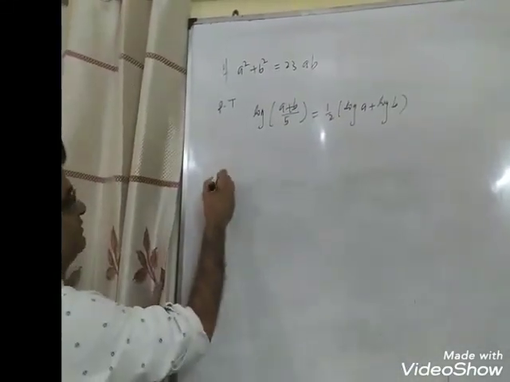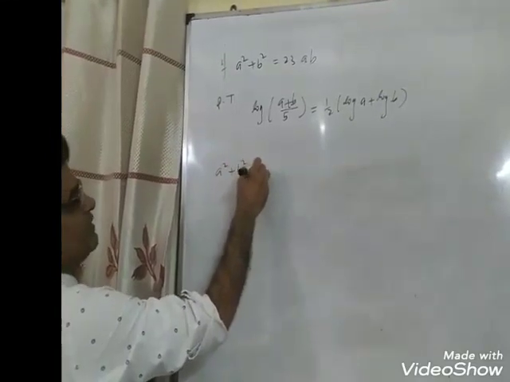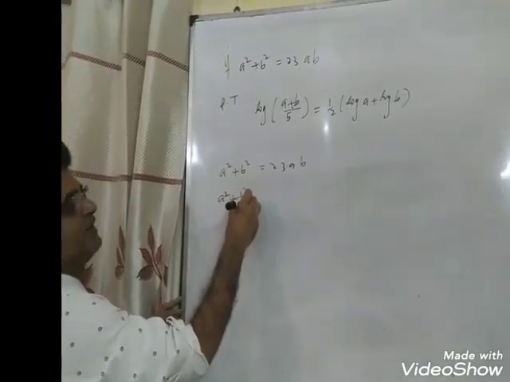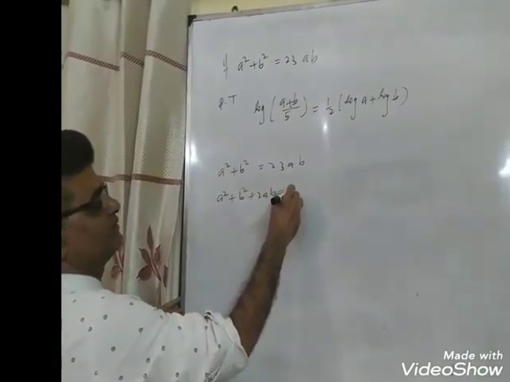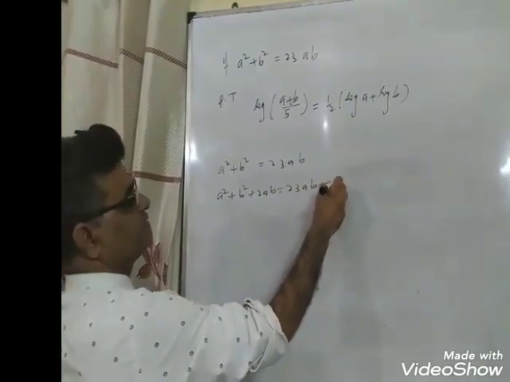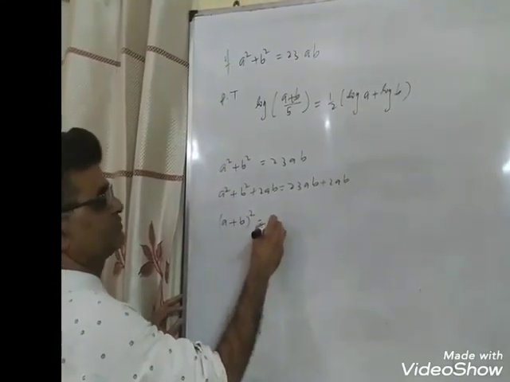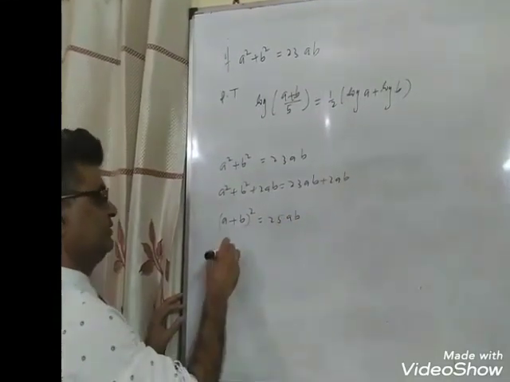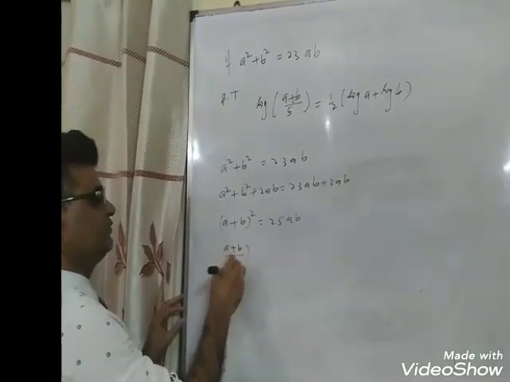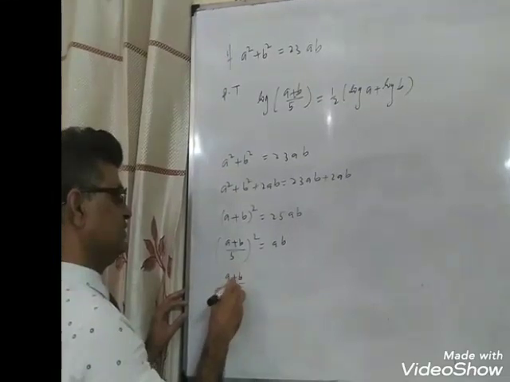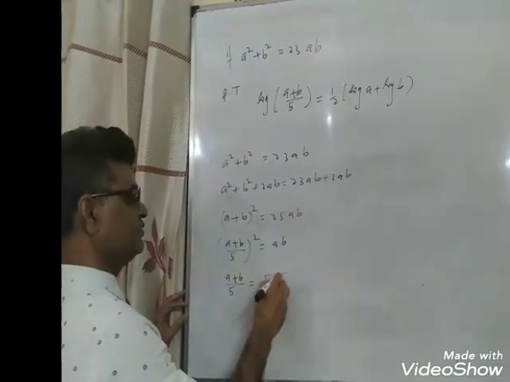Now you see a square plus b square equals 23ab. So we are adding 2ab to both sides, 23ab plus 2ab. So this is (a plus b) whole square equals 25ab. So we can write ((a plus b) upon 5) whole square equals ab. So (a plus b) upon 5 equals square root of ab.